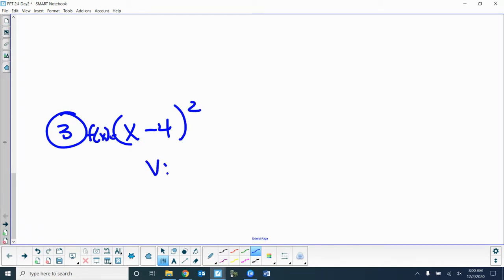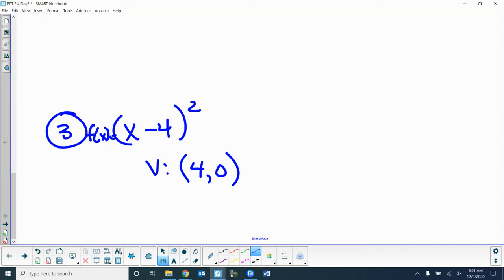What's the vertex? What's the x value of the vertex? 4. What's the y value? What's out here? 0. Yeah. So you know there's no number in front, so it's positive. It opens up. So find the picture that has the vertex at (4, 0), which would have been B, right? So that would have been that one.